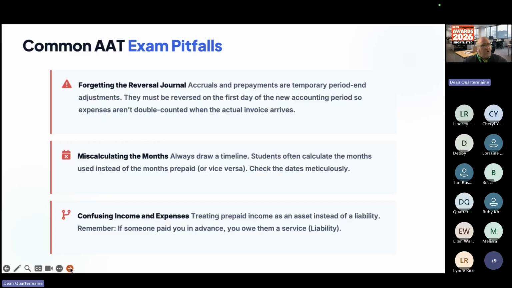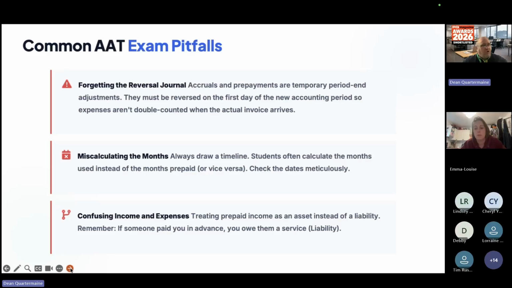We accrued it in the previous period, and now we've received the invoice in this period, and we're going to double it up. So we reverse it so that when the invoice lands, it just nets itself off. There'll be no impact in the current financial period, which there shouldn't be, because we accrued it and it related to a previous period.